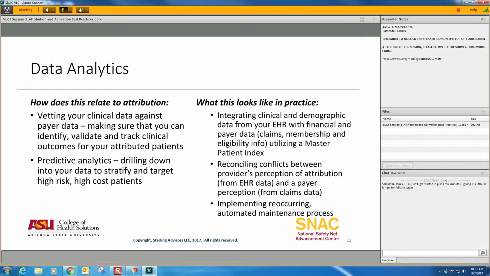And this is where you start to identify and have the opportunity to reconcile conflicts between your perception of attributed patients and your payer's perception of attributed patients. There's probably more work on the front end to get this smoothed out initially, but this is not a one-time process. This is a recurring process that will require maintenance over time.